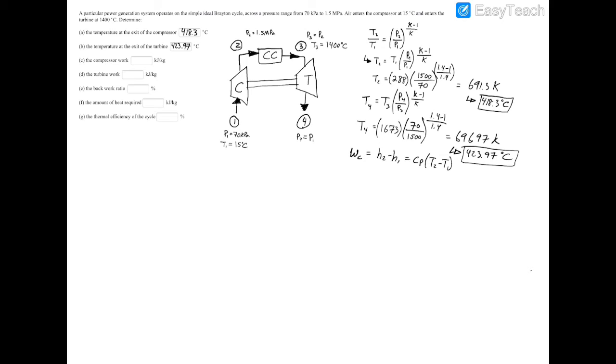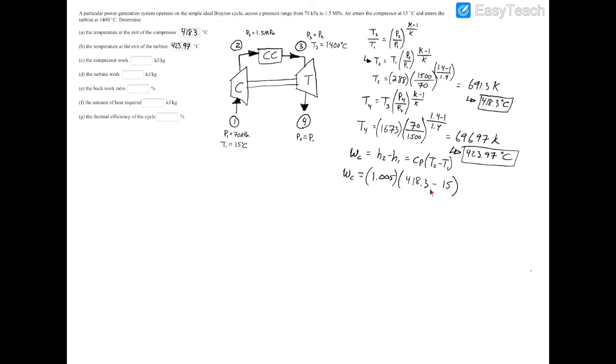And if you plug in your numbers here, you'll have that the work of the compressor, WC, is equal to 1.005, which is the specific heat of air, and that's kilojoules per kilogram Kelvin, times the temperature difference of T2, which was 418.3, minus T1, which was 15 degrees Celsius.